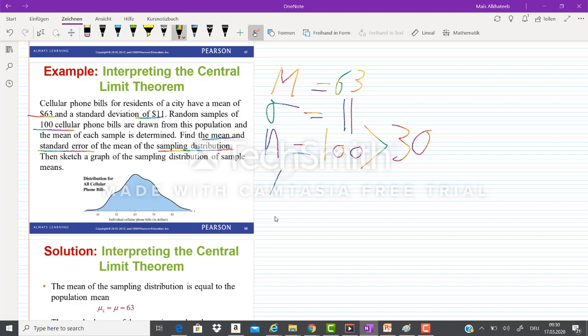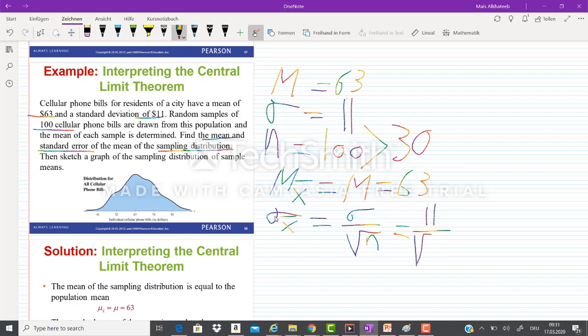So they want to calculate mu x bar and they want to calculate sigma x bar, which is the standard error. Mu x bar is the same as mu, equal to 63, and sigma x bar is sigma over the square root of n, which equals 11 over the square root of 100.